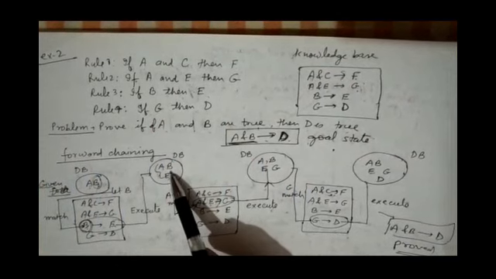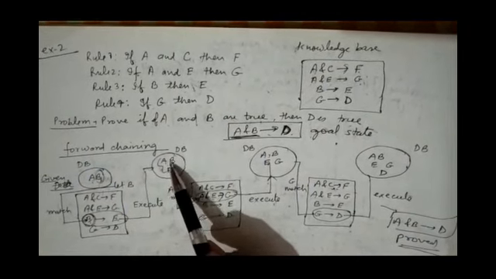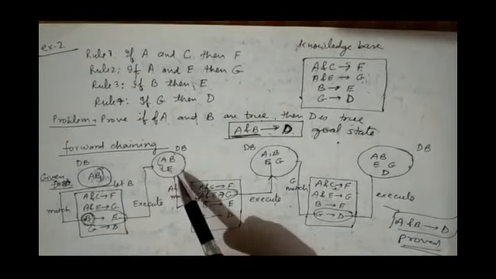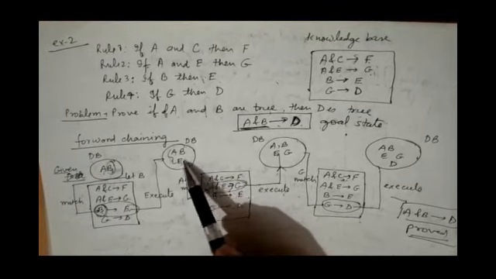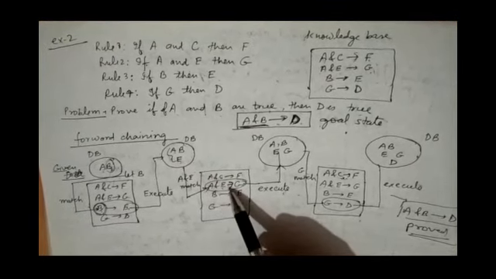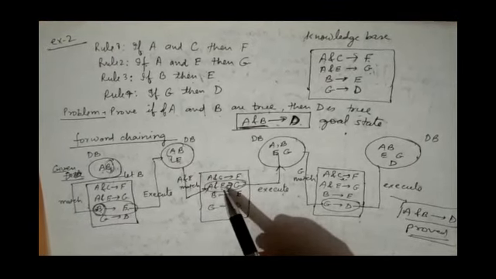Now in our available database we have facts A, B and E. Now we match the available facts in the database with our rules. A and C both are not available here. A and E, okay, it's available here.